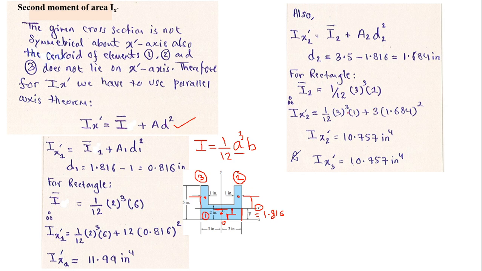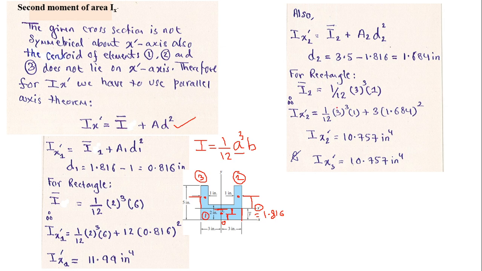So we have to take the cube of 3, and then this dimension that was parallel to the x dash axis is 1. So it will appear as it is. After this, you put all the values in this formula, and you will be able to calculate the second moment of area of this rectangle 2 about the x dash axis.